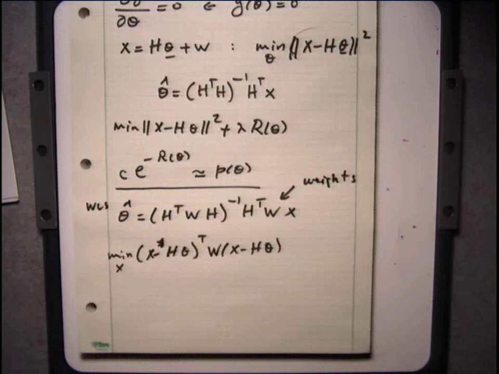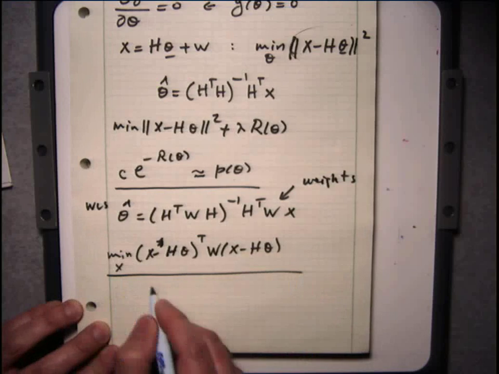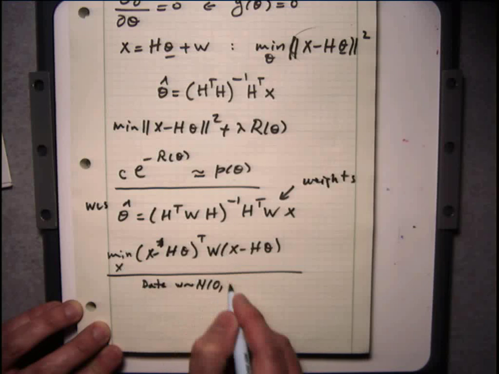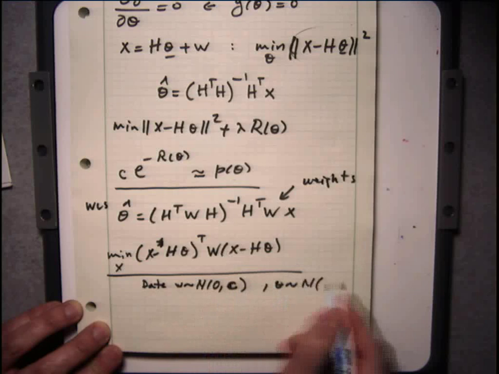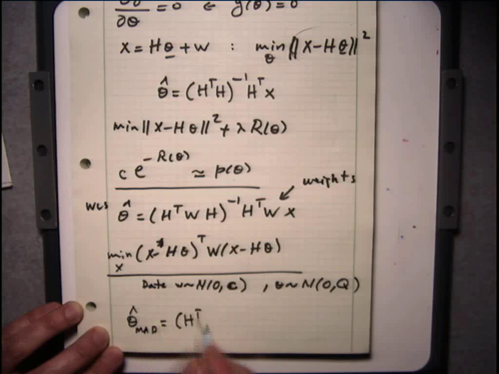Okay, and for the Gaussian case, if data is Gaussian, so W is normal, zero mean, and covariance C, and theta is also Gaussian with zero mean and covariance, let's say, Q, then theta hat, the maximum a posteriori, is equal to (H transpose C inverse H plus Q inverse) inverse H transpose C inverse x. Okay.